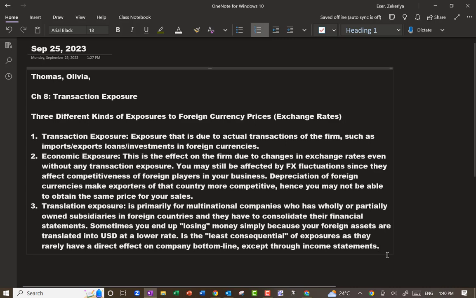But most of the transaction exposure actually comes from translation of the balance sheets.